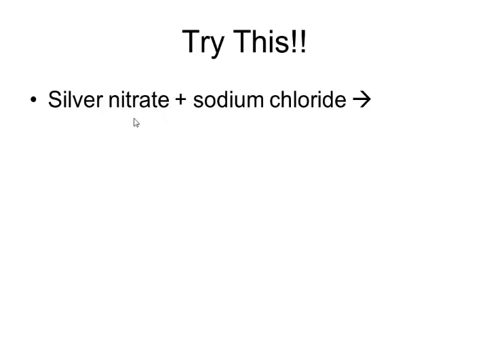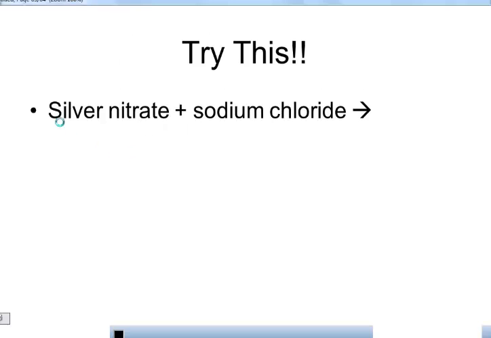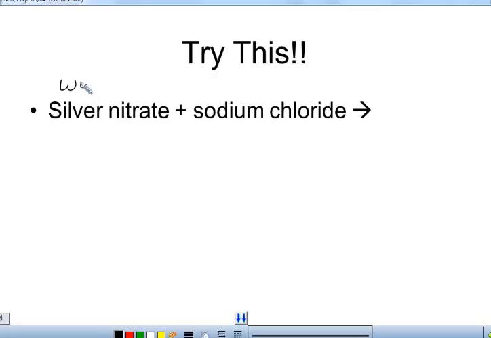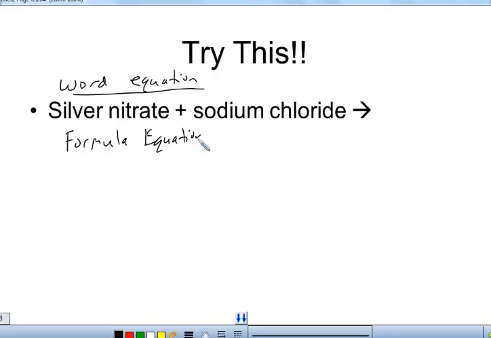So I want you to get the word equation. This is starting the word equation, so you finish it. I want you to come up with a formula equation. I want you to come up with the balanced chemical equation.